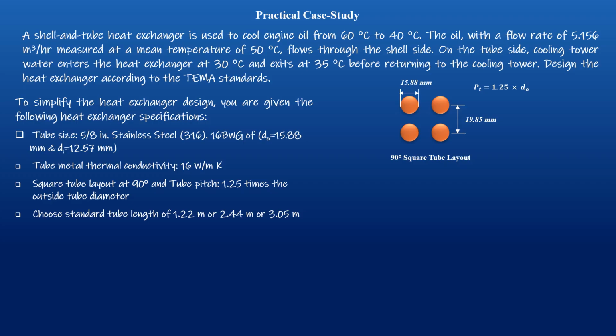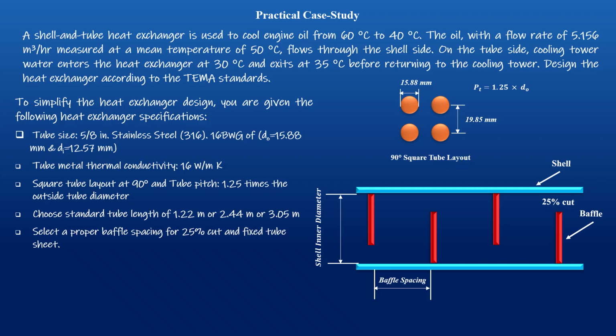And we have an assumption to choose any of these standard lengths of the heat exchanger, 1.22 meter, 2.44 meter, or 3.05 meter, to design this heat exchanger, and select a baffle spacing according to the design requirements, with a baffle cut of 25%, and the fixed tube sheet is selected for this heat exchanger.